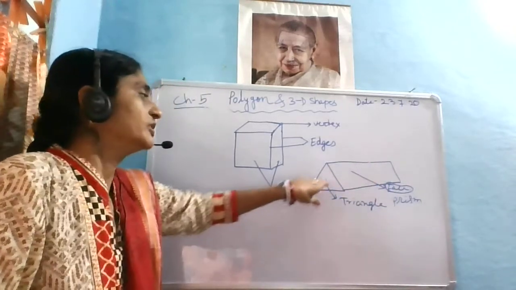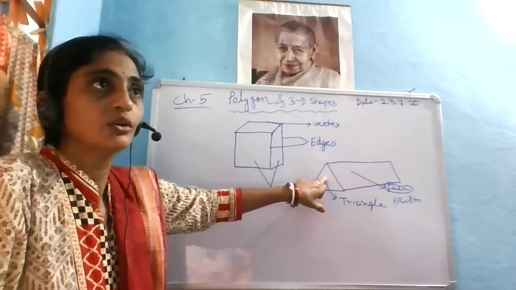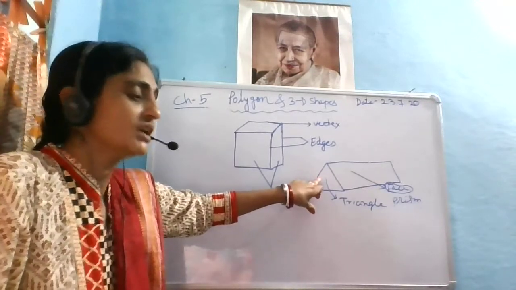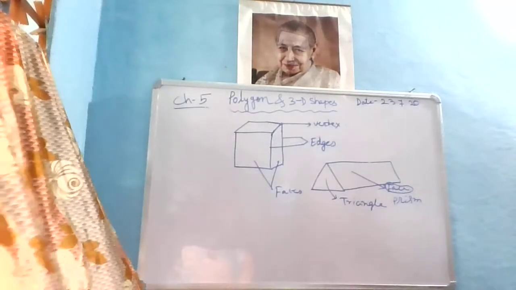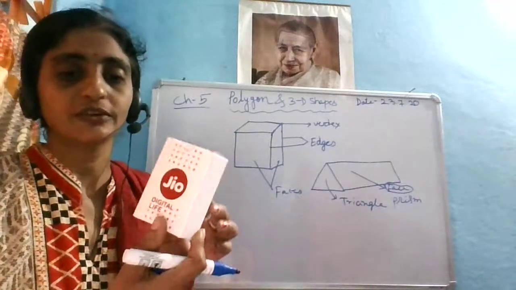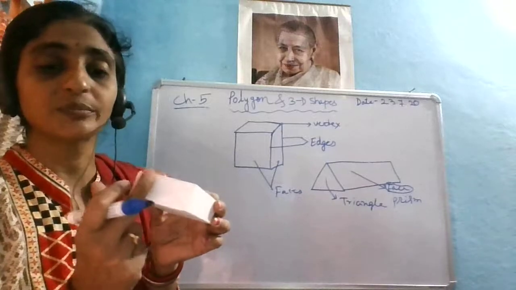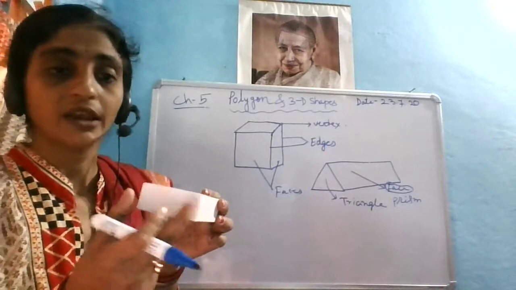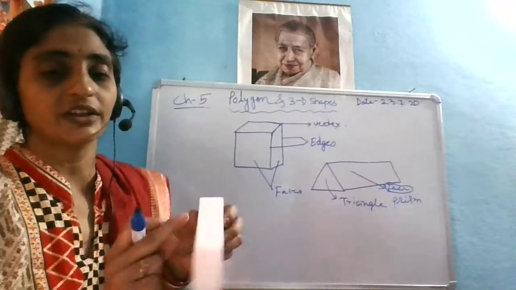But the base can be of different types. We can take a pentagonal base. We can take a rectangular base, like when we are talking about a cuboidal shape. Suppose this one is a cuboidal shape. In that, we can see this is the base, it is rectangular. It is also a prism, and all the sides are rectangular.